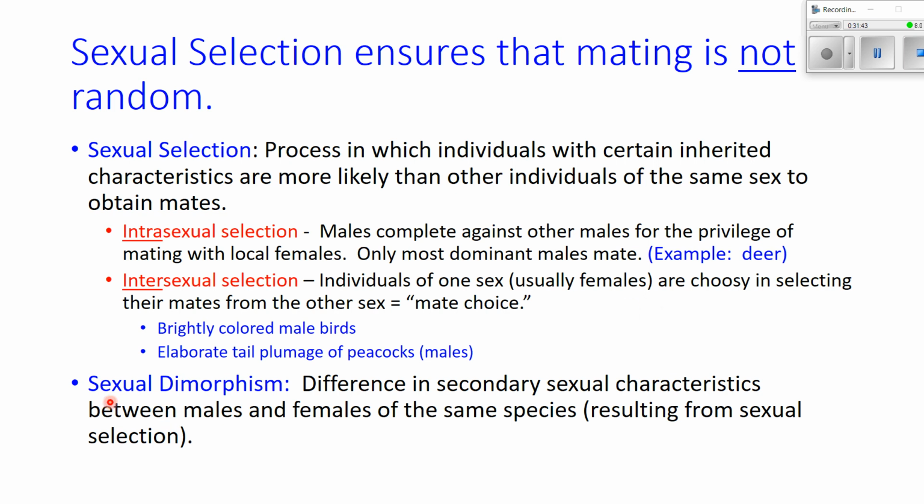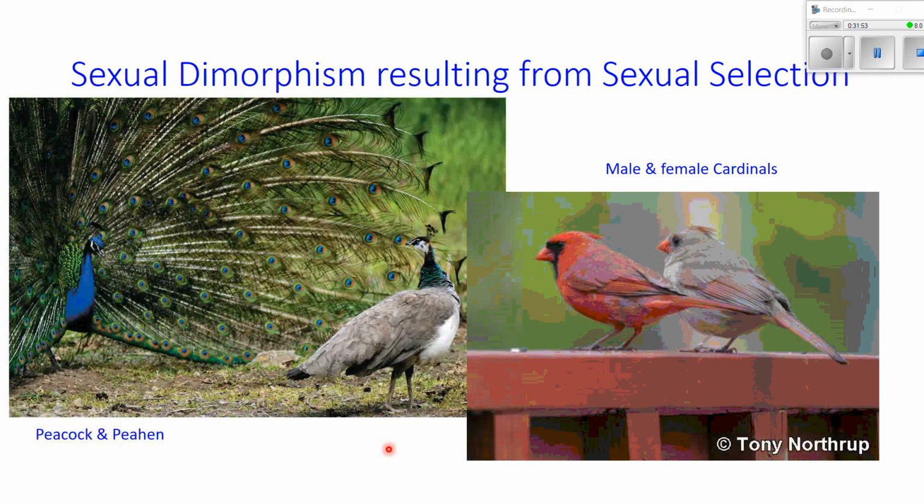We call this phenomenon sexual dimorphism. It's the differences in how the males and the females look. So somewhere I've got some good examples of that. So the male peacock has this enormous tail plumage, which he loves to show off to the females. Females, of course, do not have this, the peahen does not have this same plumage.